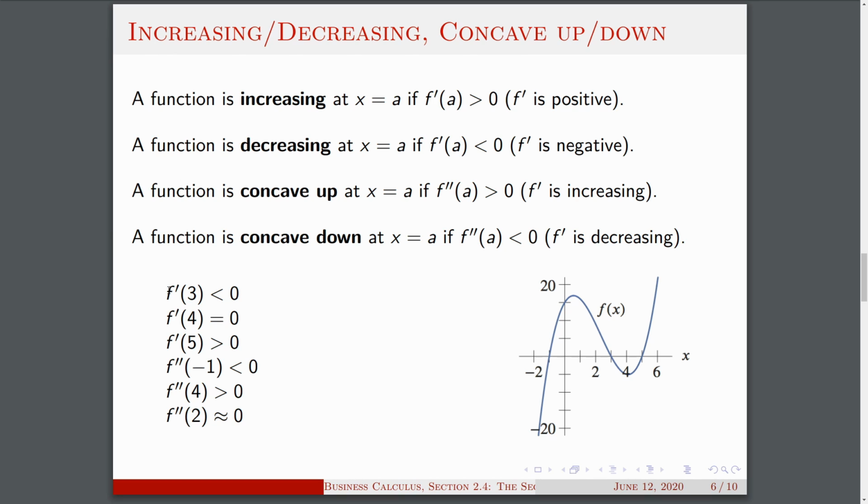I said that f prime of 3 is negative. It's less than 0. F prime of 3 means the x-coordinate is 3. So here's where the x-coordinate is 3 on the graph, and the derivative being negative should mean that it's decreasing at that point. Is it decreasing at that point? And the answer is yes.